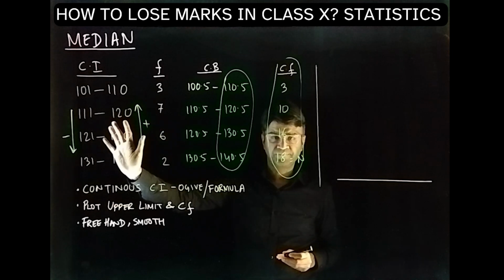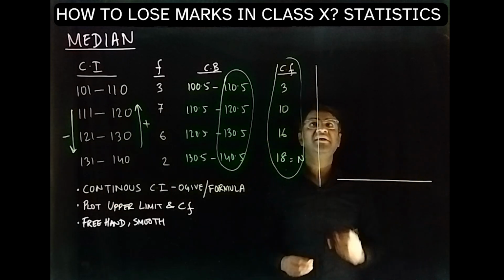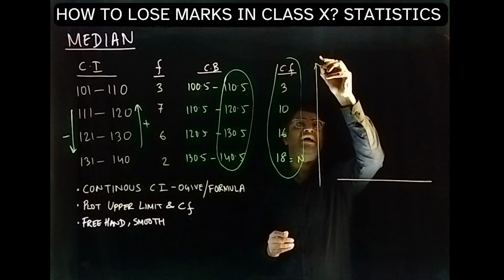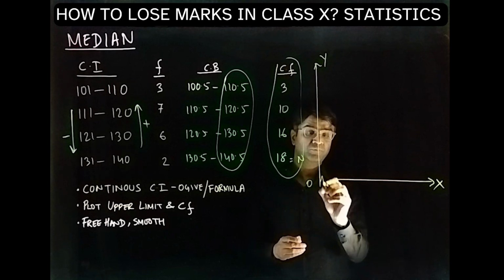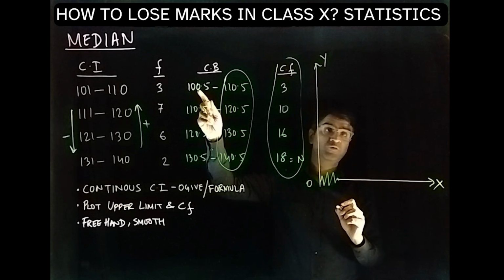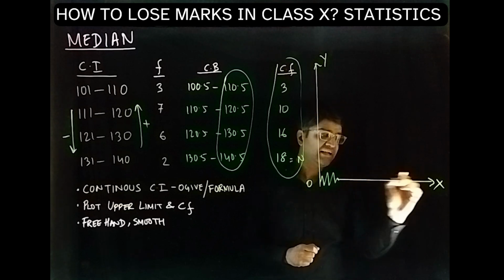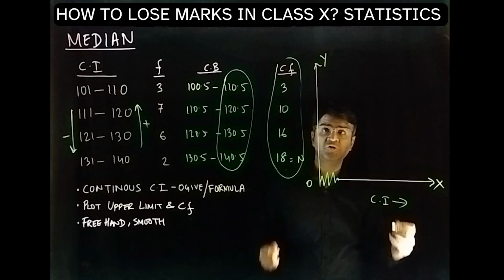not this. Okay, so this is the x and y axis. Let me do the formalities of completing this graph structure. This is the arrowhead y, arrowhead x, origin. We need a kink, of course, because the class interval starts from 100.5, and the x-axis will represent class interval as usual.